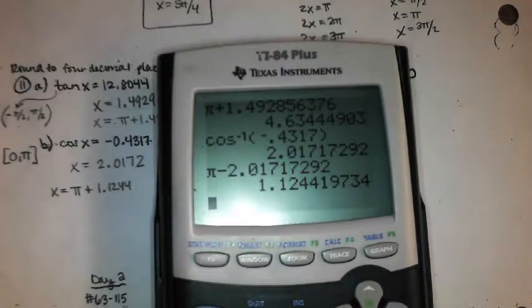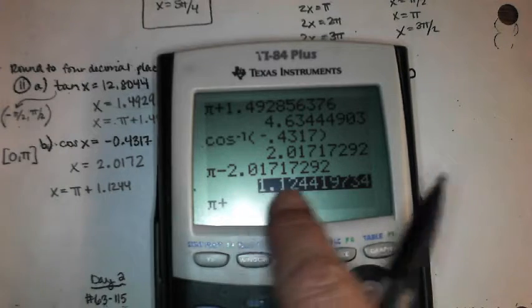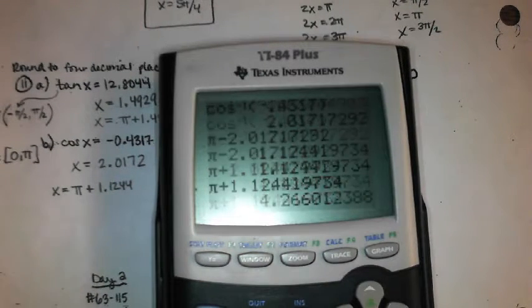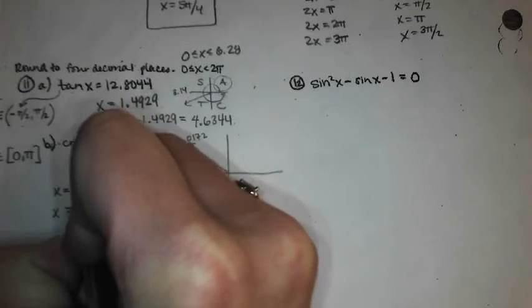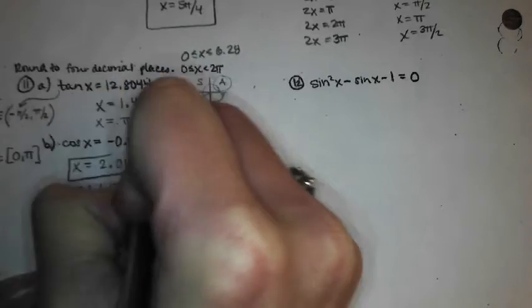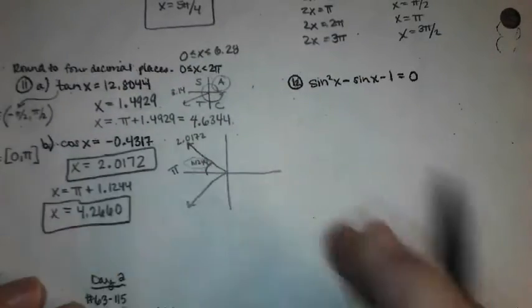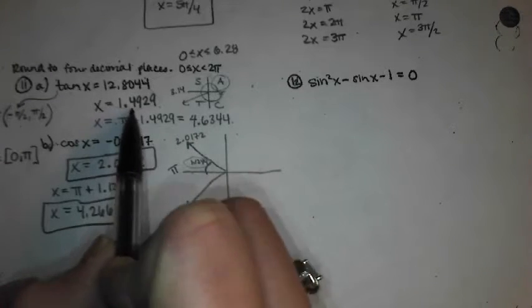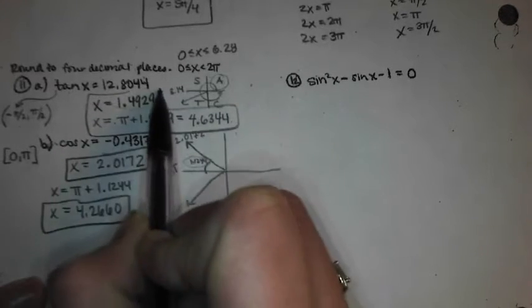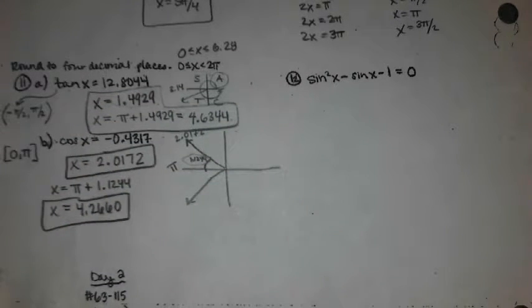So on my calculator, pi plus that angle, 4.2660. And those are my two solutions. Tricky? So your calculator is always going to give you one, but there's definitely going to be some legwork in the thought process of finding the other option. Good?